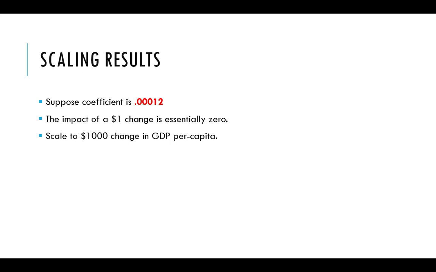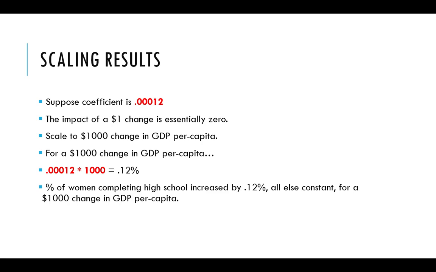So I might choose to scale to a $1,000 change in GDP per capita. Now what I do is I've got to take the coefficient and multiply it by 1,000, because remember 0.00012 is for $1, but we're doing $1,000. Now I've got 0.12%, and that's not negligible. I mean, it's not huge, but it's not negligible.